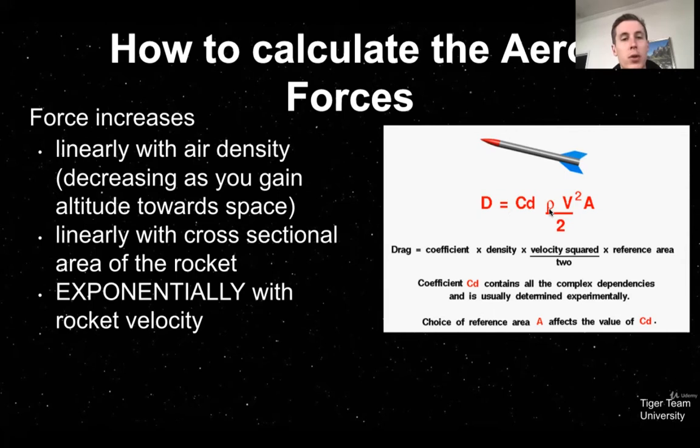Now, the drag increases linearly as your area of the rocket increases. So that's how wide your rocket is most of the time. Although the length of your rocket will increase the drag from just friction on the sides of the rocket. And finally, and most importantly, the drag force increases quadratically with velocity. That means that if you double your speed or your velocity, you'll have 4 times the amount of drag.